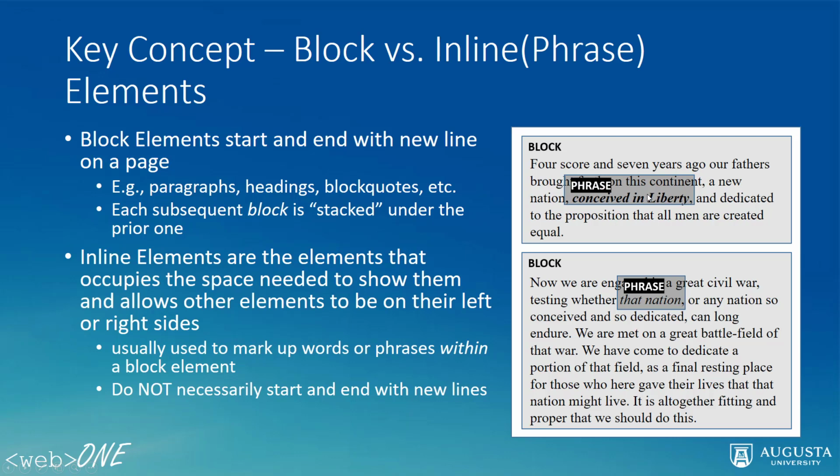This is a phrase element. Later, you will see that we can change this default attribute of elements, and we can even make something in between, which is called an inline block element.